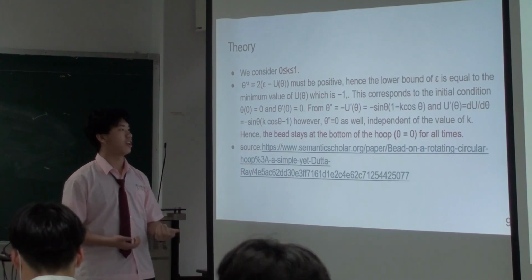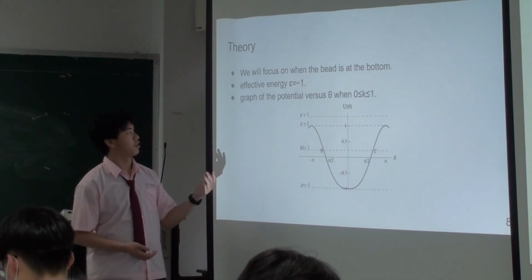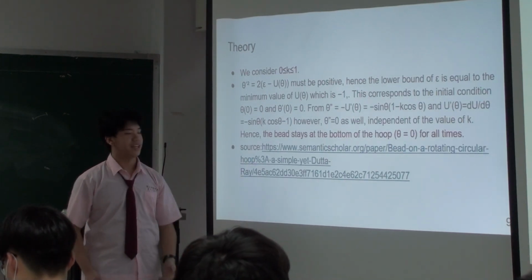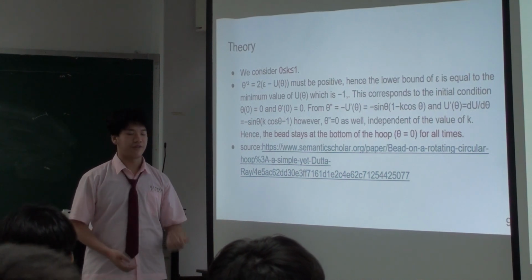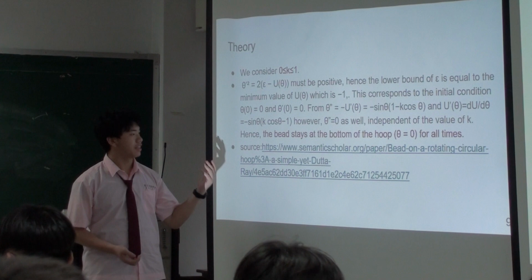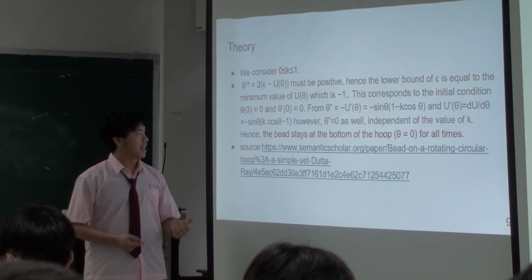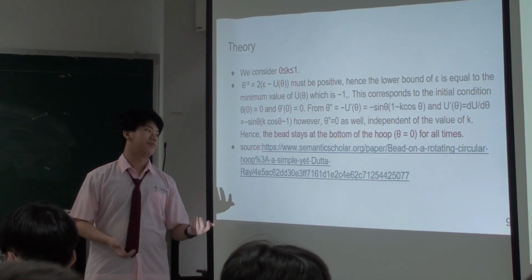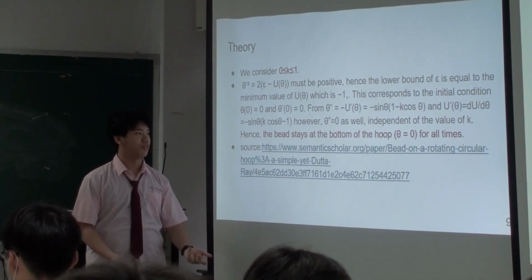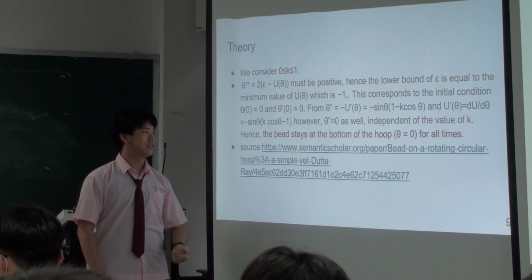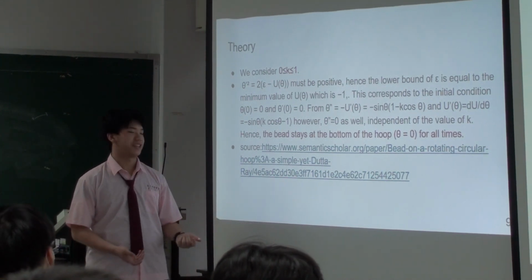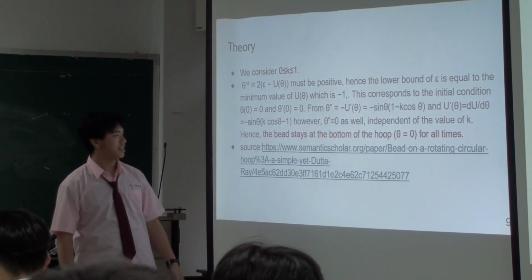In other words, when k is between 0 and 1, it means that the angular velocity is not quick enough. By math and calculation, we can see that initially theta is 0, which is at the bottom of the hoop, and theta dot, the angular velocity, is 0 too, which is obvious.